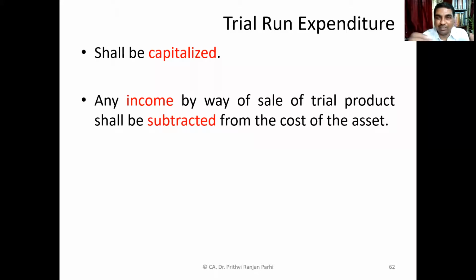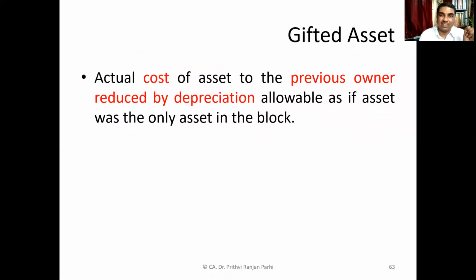So any such income by way of sale of trial product shall be subtracted from the cost of asset. But let us say asset cost is 1 lakh rupees, but in trial run you have generated a revenue of 10,000 rupees. So actual cost will be 1 lakh minus 10,000. This is how you can arrive at the cost.